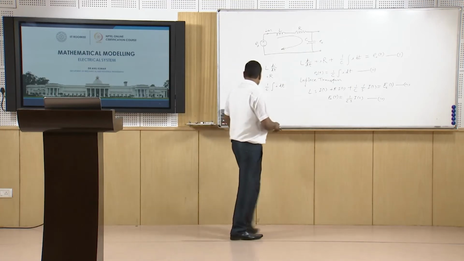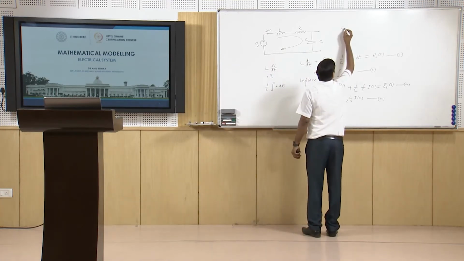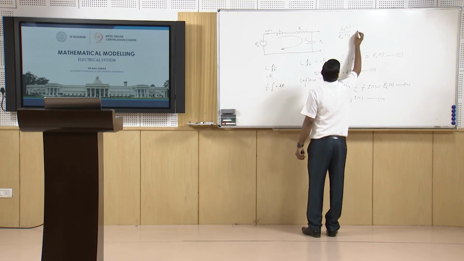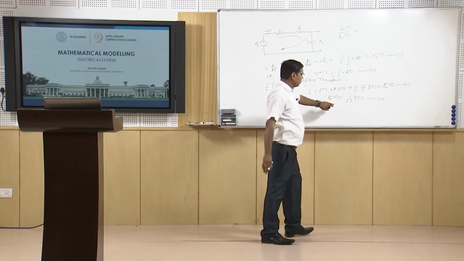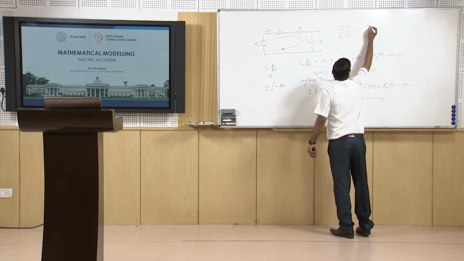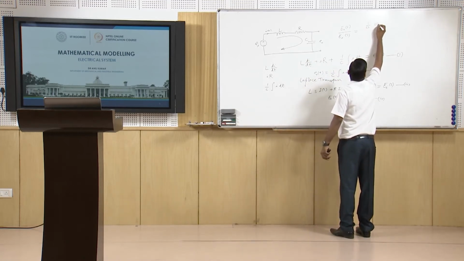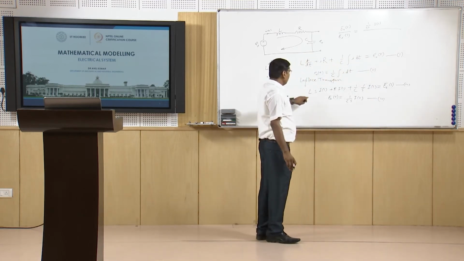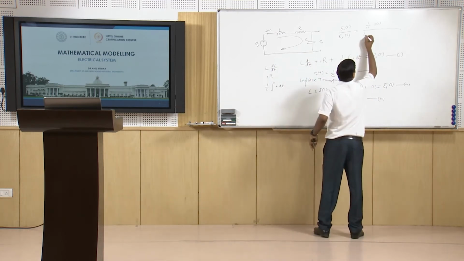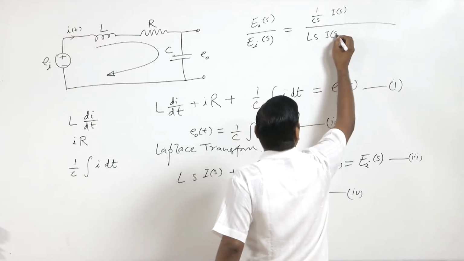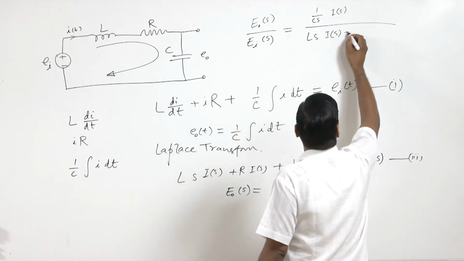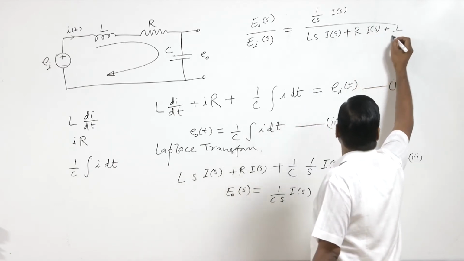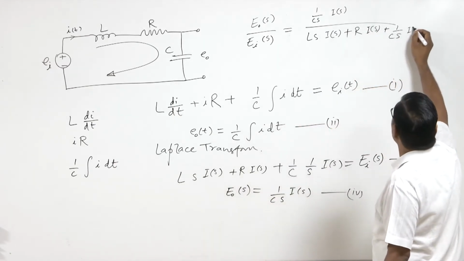Now the transfer function Eo(s) by Ei(s) is 1 by Cs I(s) upon Ls I(s) plus R I(s) plus 1 by Cs I(s).